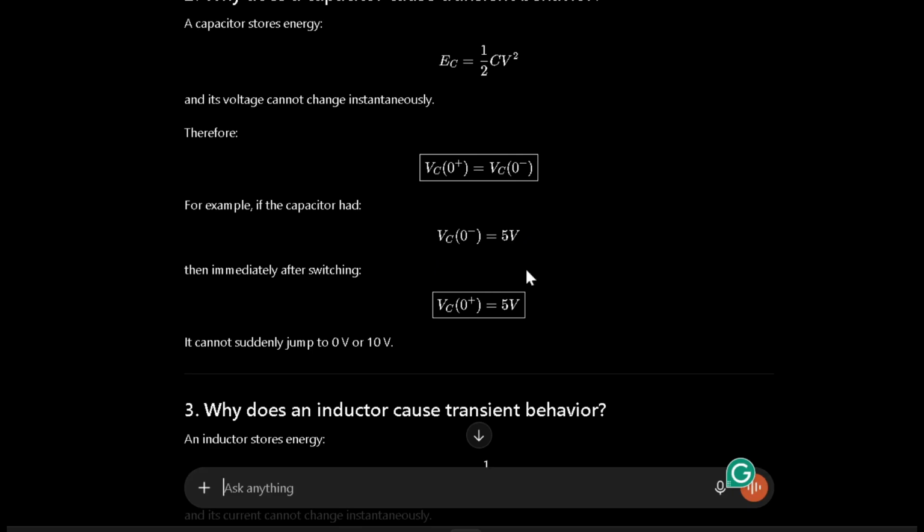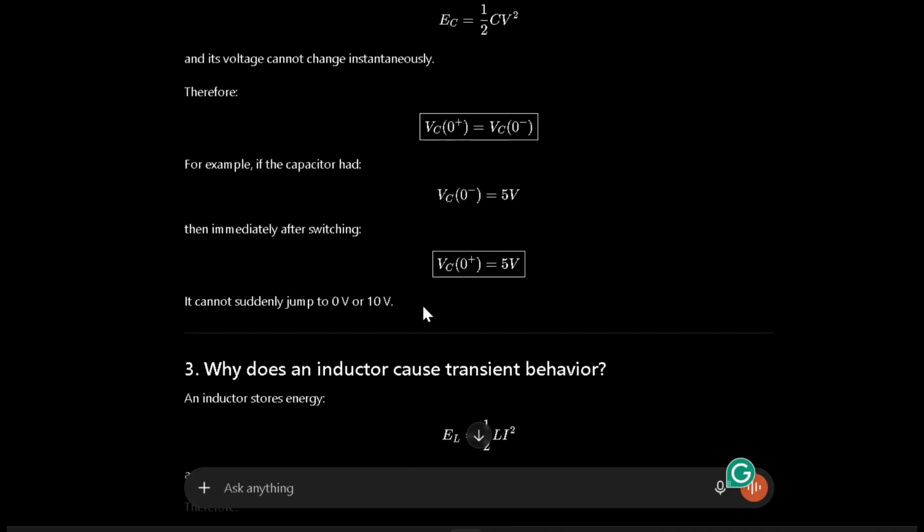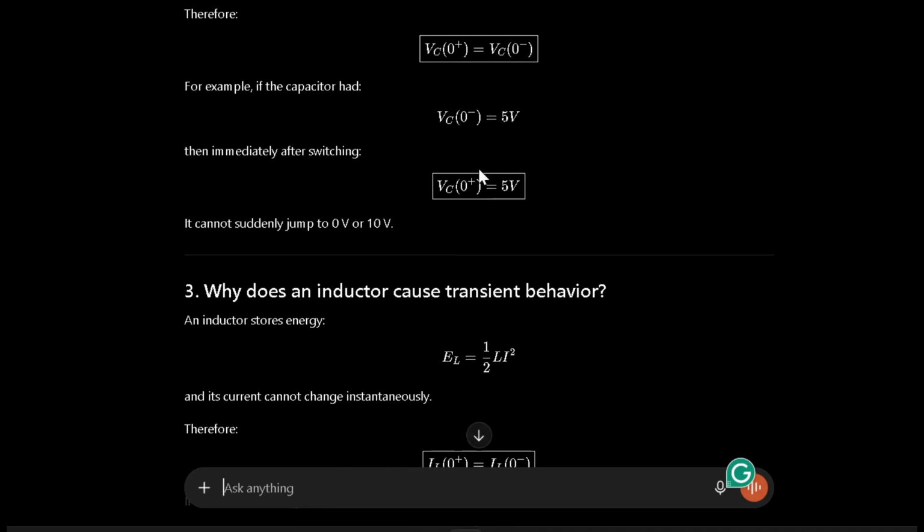The plus sign indicates switching on. It cannot suddenly jump from 0 volts to 10 volts. It cannot change its value suddenly. That's the state of initial condition.